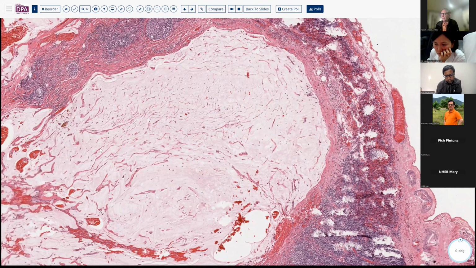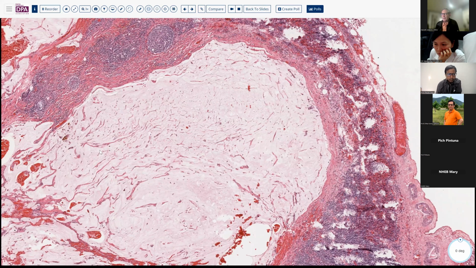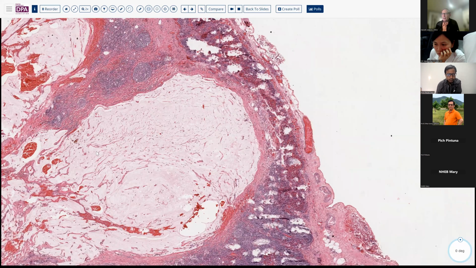I think the answer to that is no, that you do have to see the epithelial component to assign that lymph node an N stage indicator.